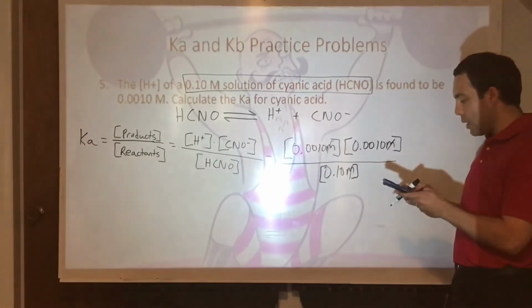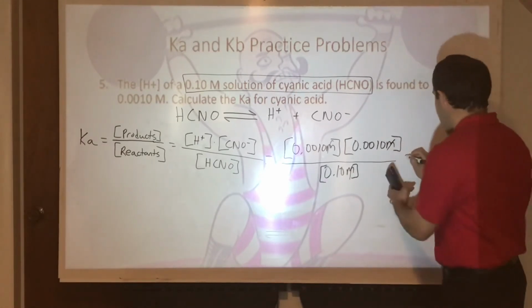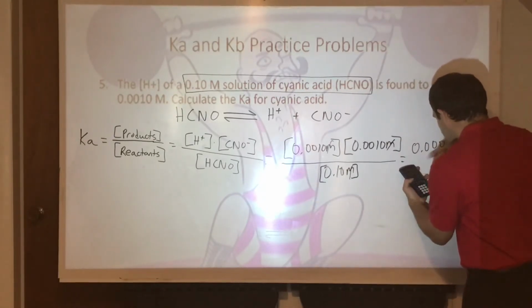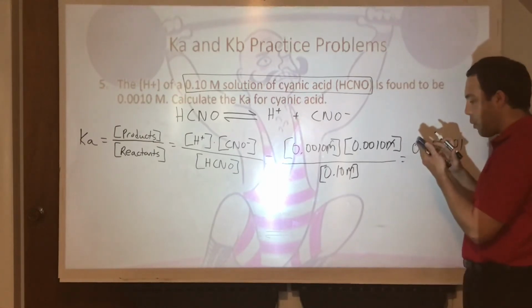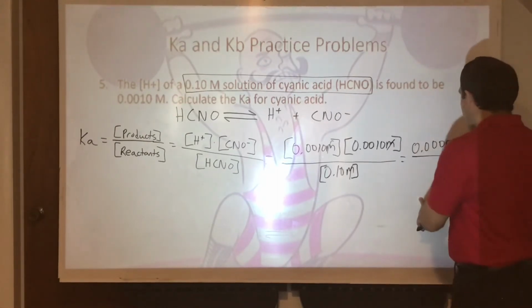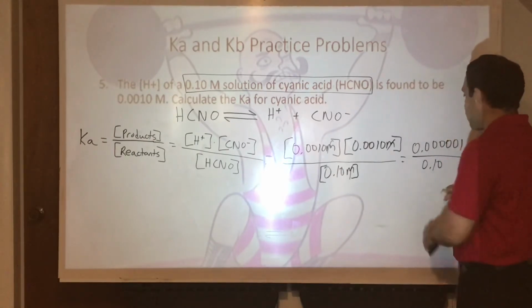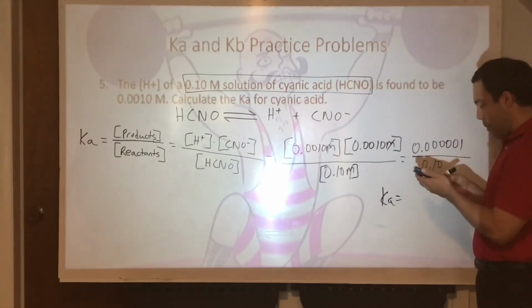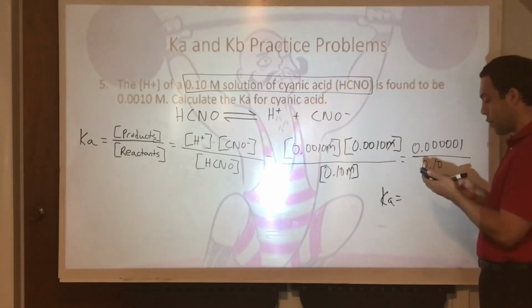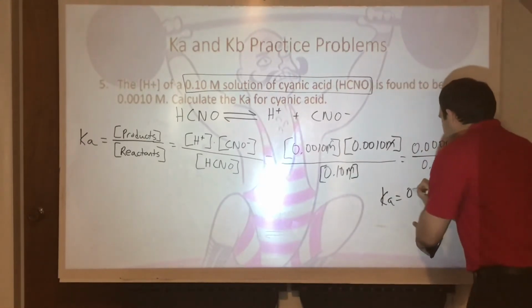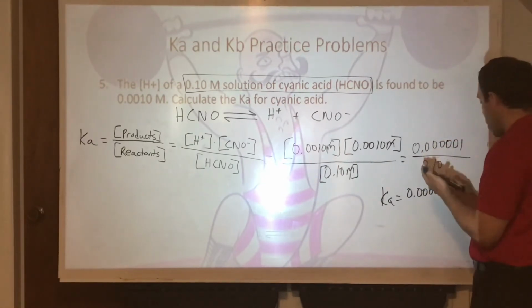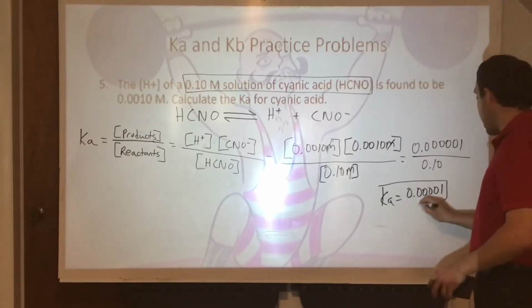So when we do 0.0010 times 0.0010, we of course get this very small number, 0.0000010. So let me just check, 1, 2, 3, 4, 5, divided by 0.10. So our Ka is going to equal, when you divide this number by 0.10, you get 0.00001 as our answer.